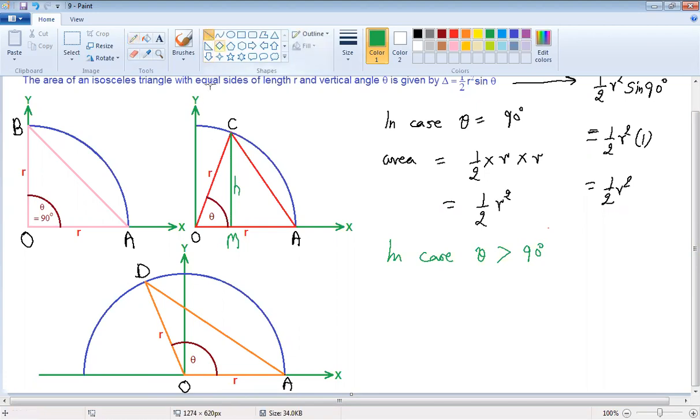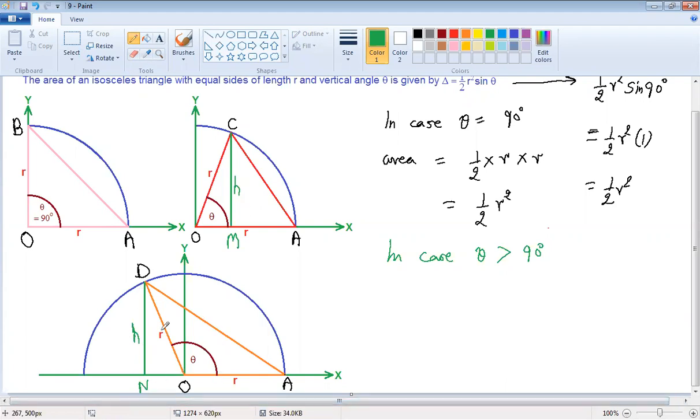And if from D we want a perpendicular to OA, it cannot meet the OA segment inside, but we will see a perpendicular from the point D will meet at an external point of OA. That means AO produced, suppose at the point N. So this side is h.